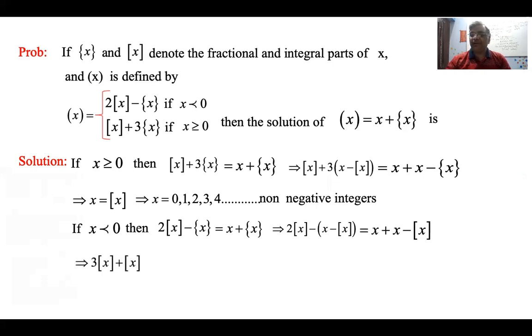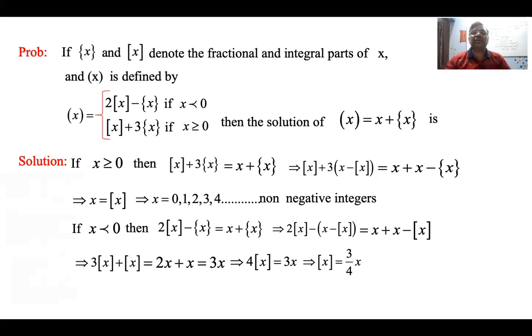So when you simplify that, 3 times ceiling x plus ceiling x is equal to 2x plus x, which is the same as 3x. That is 4 ceiling x is equal to 3x. You got it. That implies that ceiling of x is equal to 3 by 4 times the x. All right. Ceiling x is equal to 3 by 4 times the x.